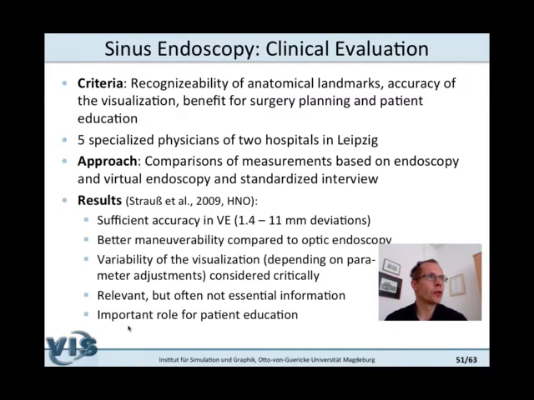The patients were convinced that this is a necessary operation. They developed more trust in the surgeons who so carefully had prepared the surgery that they could show it based on this virtual endoscopy. So that really was a benefit.